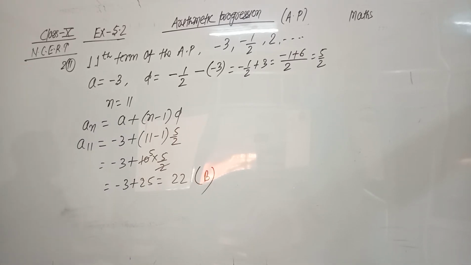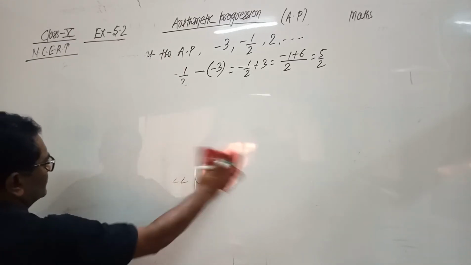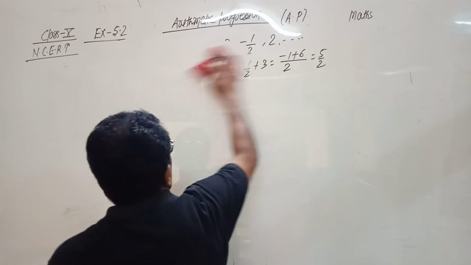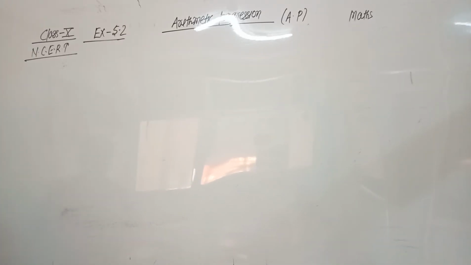Now we discuss question number 3. In question number 3, find the missing terms of the AP.